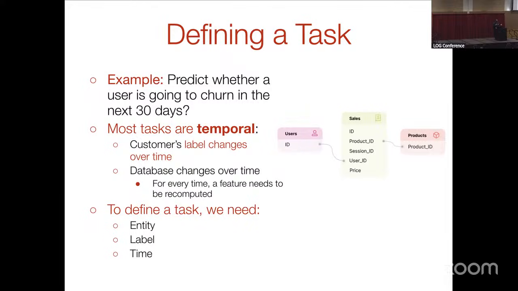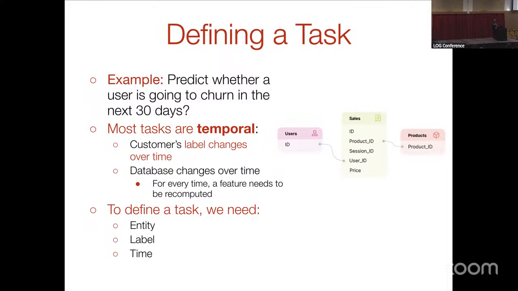So long story short, the customer label changes over time. For example, if I ask whether or not a user will be active in the next month, the answer might be different if I ask the question in January compared to if I ask it in July. Why? Because user activity changes over time.